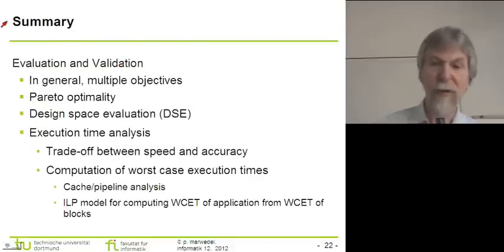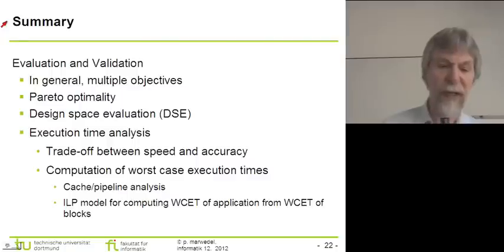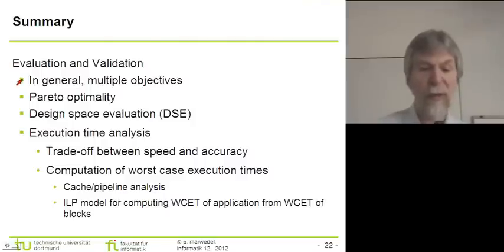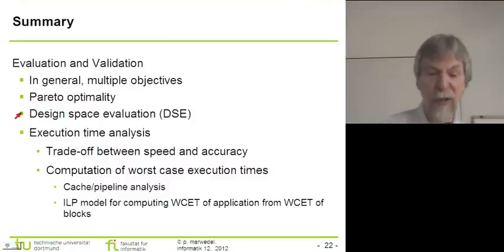So this concludes today's set of slides. In the slides in the second file, I've talked about evaluation and validation. We have seen that in general we have multiple objectives. In order to compare the different designs, we need to use the concept of Pareto optimality. This leads to the concept of design space exploration based on Pareto optimality.